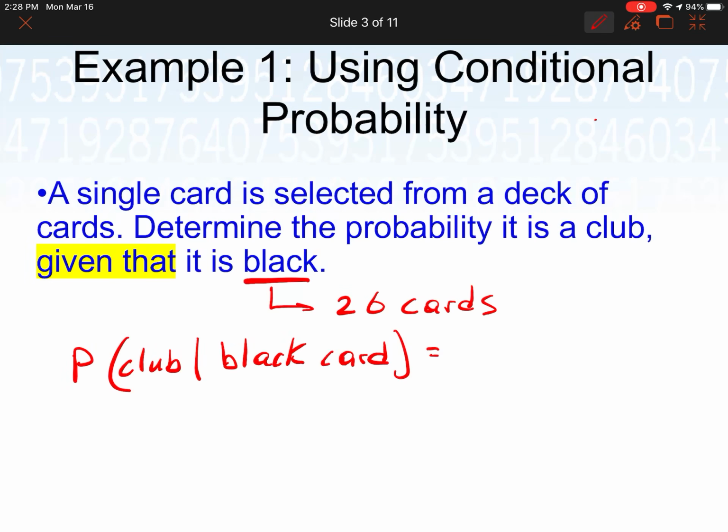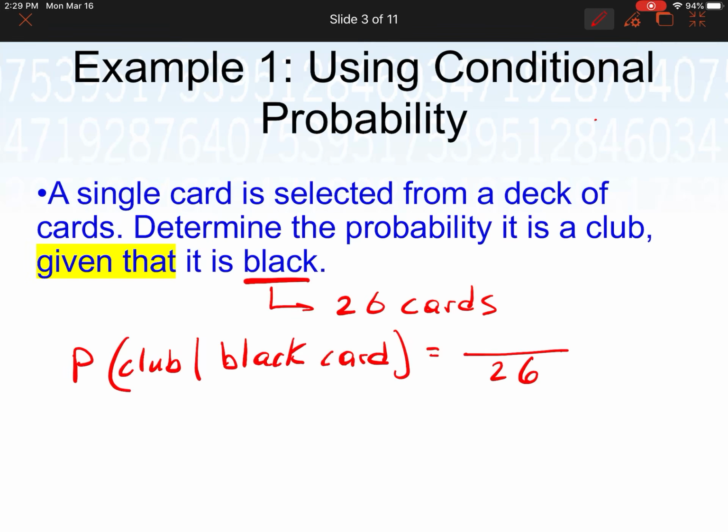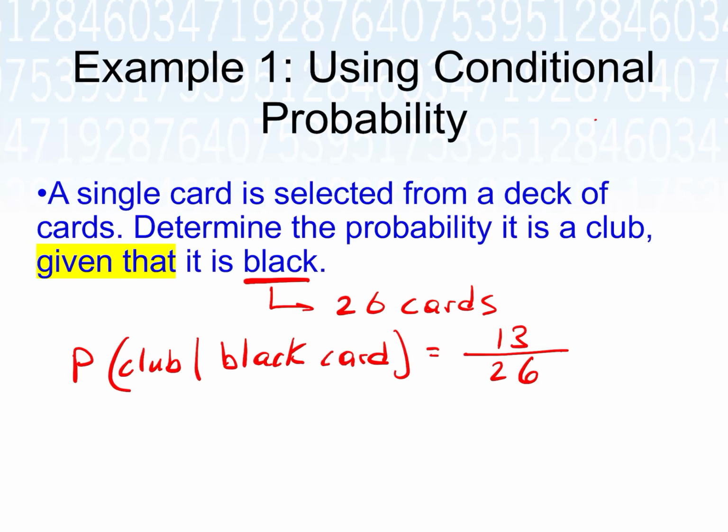So right away, the bottom, instead of being 52, it's 26. The condition changes information about the problem. In this case, it changes the number of cards that are even in play. So now, how many clubs are there? Well, 13. So instead of it being a 1 out of 4 probability from an entire deck, it's a 1 out of 2.